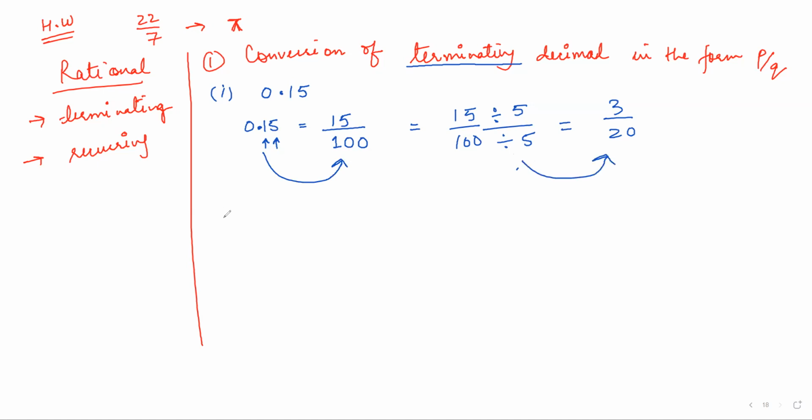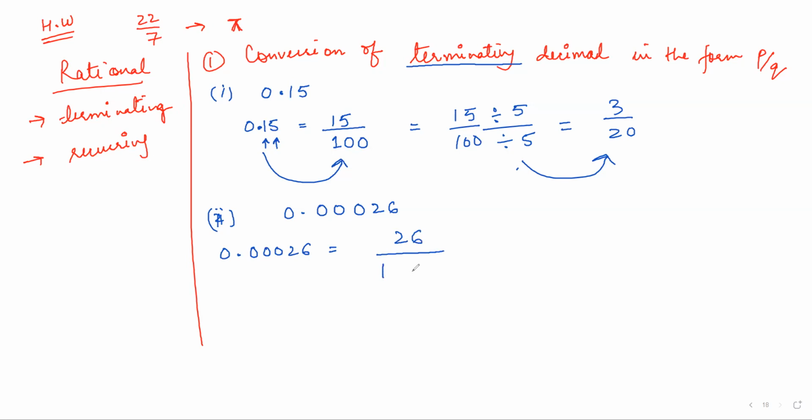Okay, another one I'm giving you. Second example, let's say 0.00026. How will I write it, Adil? Now you will tell me, 0.00026, what should I write? 26 divided by 10... how many zeros?